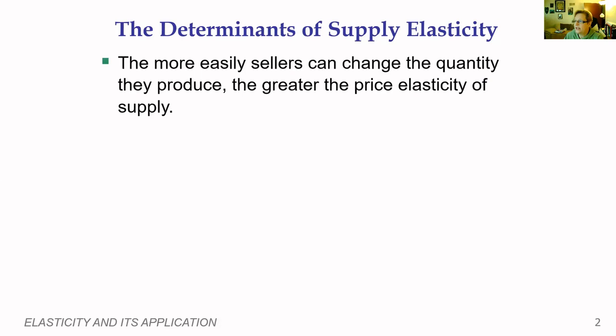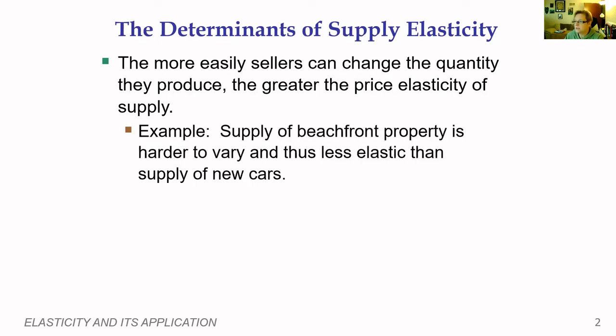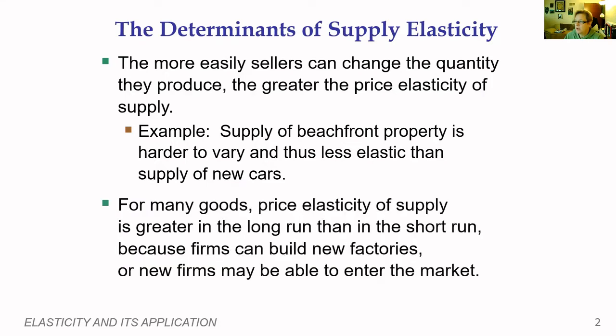So here are some of the determinants to show if a supplier is elastic or not. Again, the more easily they can increase their quantity, the more they can capture that increase in price.